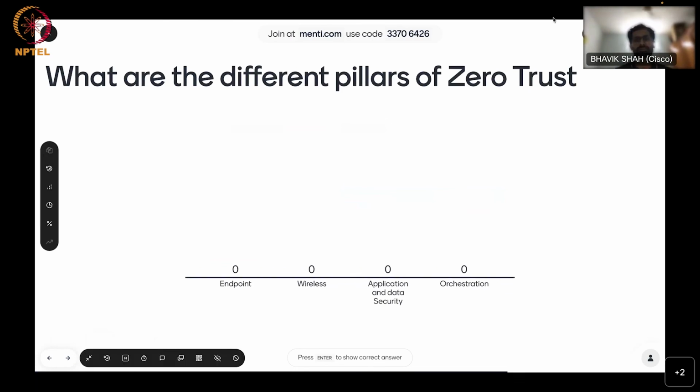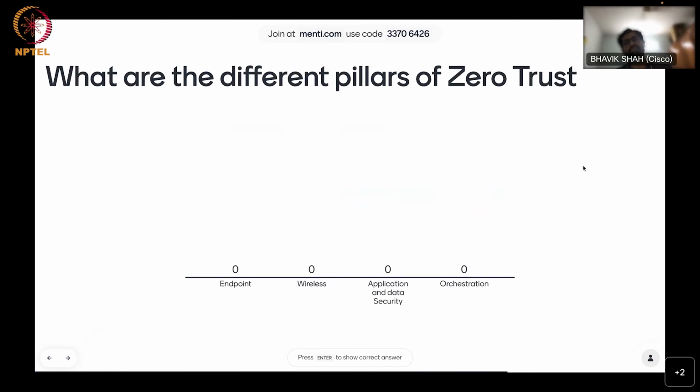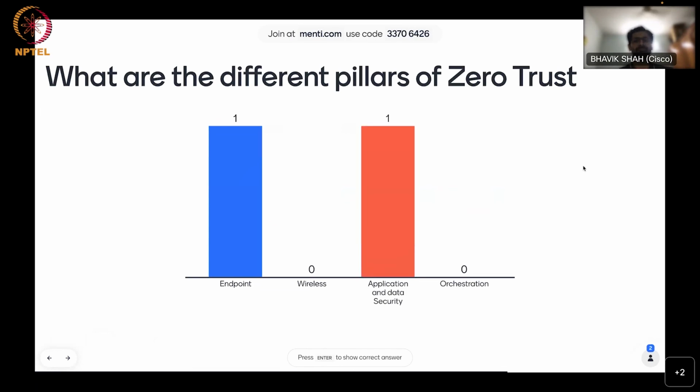Next, what are the different pillars of zero trust? So we discussed this in the last few slides of our session. So what are the different pillars of zero trust? Is it endpoint, wireless, application and data security, or orchestration? Okay, someone is saying endpoint.